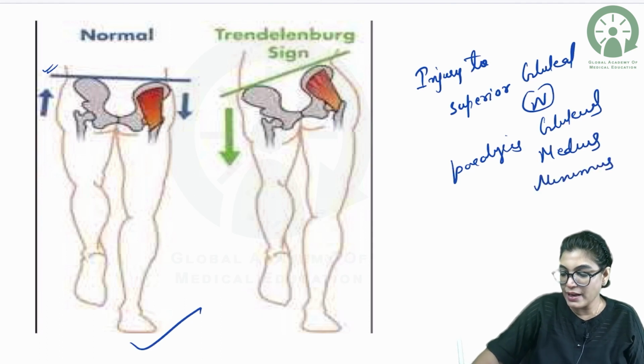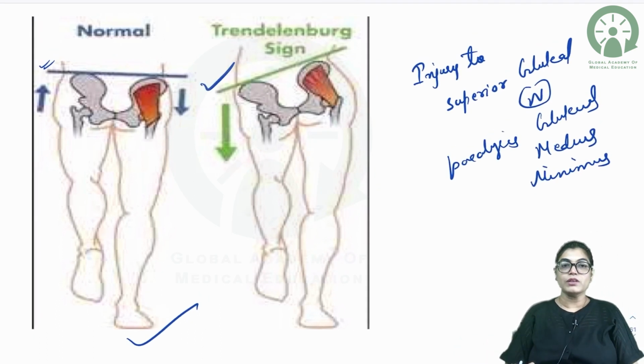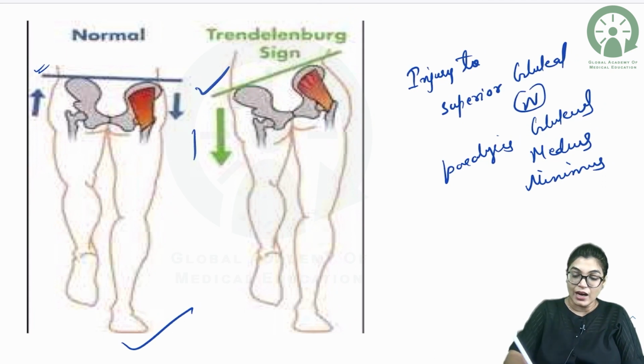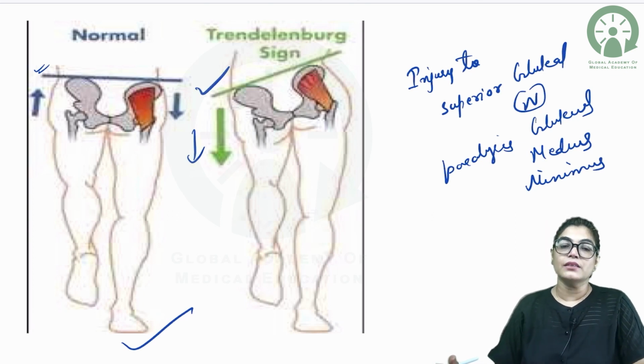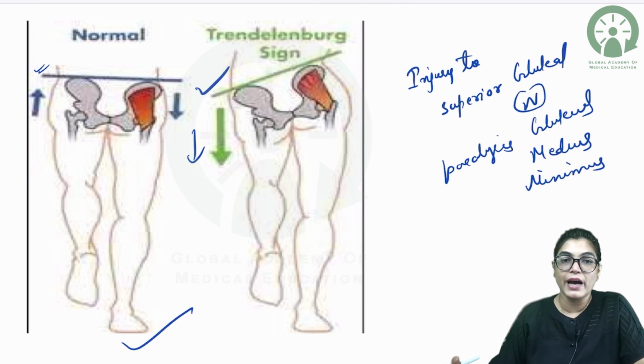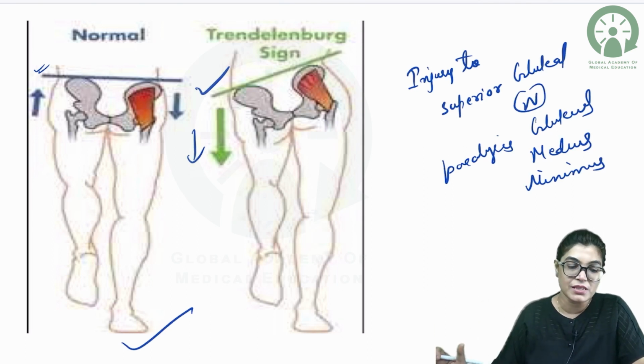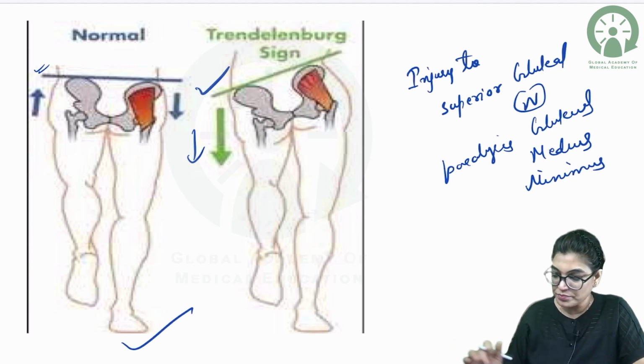So the contralateral side of the hip sags down as shown in the diagram, unsupported, and this is called Trendelenburg sign. The abduction action of the thigh is helpful for supporting the hip when you are standing on one leg. So this is Trendelenburg sign positive, seen in superior gluteal nerve injury.